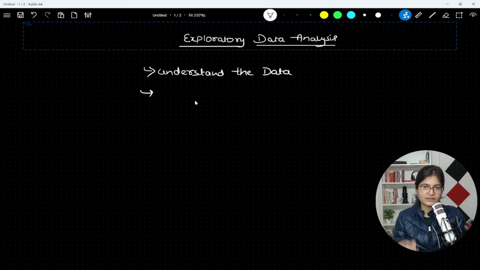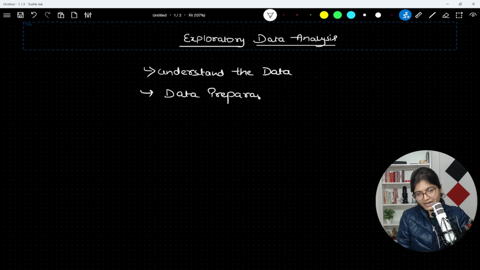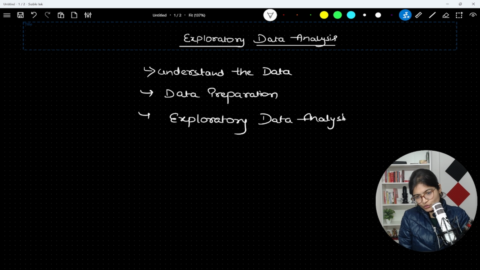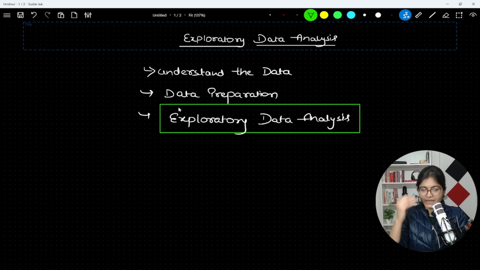In the second life cycle of the complete project, we talked about data preparation. After that, now we are talking about exploratory data analysis. And as I told you, this is one of the most important steps out of all the steps that we will cover.